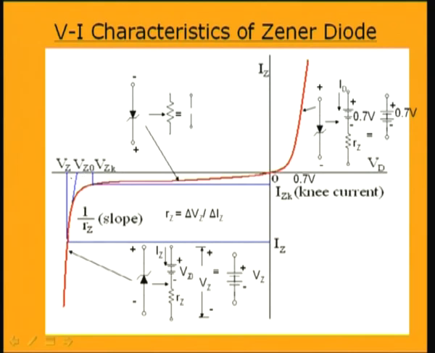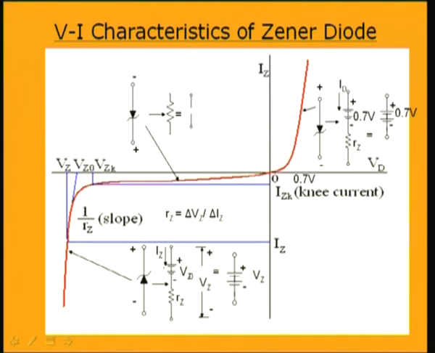Now, if we take any point on this reverse breakdown region and find the voltage and the current at this point, for example a point which has a current Iz and a voltage Vz, this voltage Vz is the voltage Vz naught plus this region's voltage. This voltage is nothing but Iz into Rz, that is the drop in the Zener resistance.